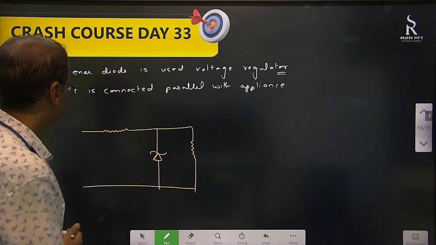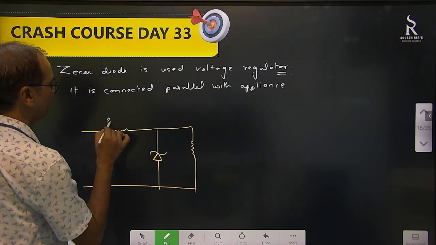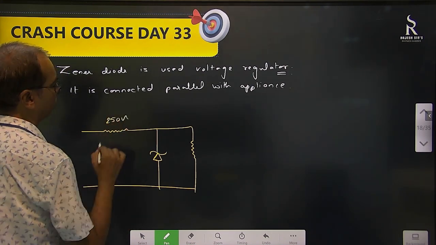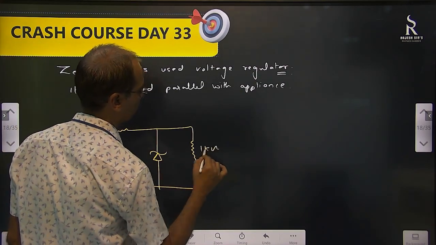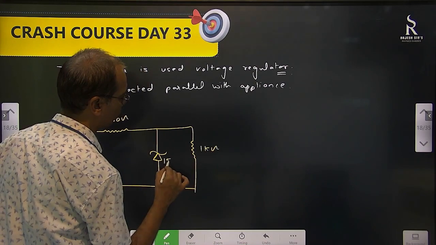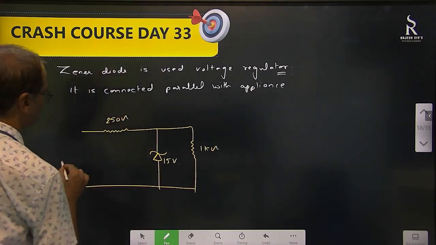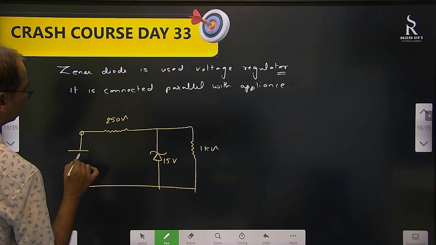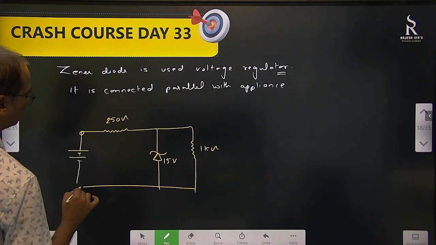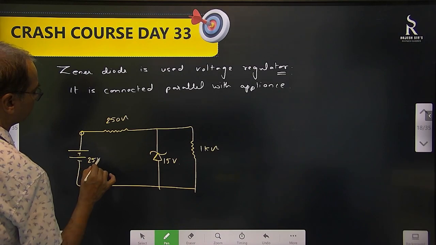Now let's put in the values. Let's say this is 250 ohm and this is 1 kilo ohm, and here it's 15 volt, and the supply let's assume is 25 volt.